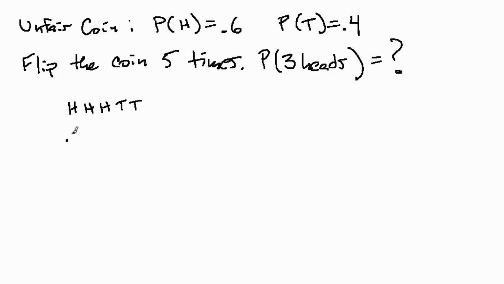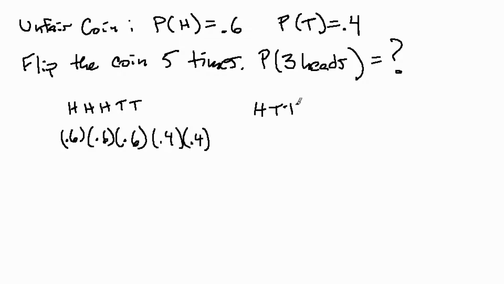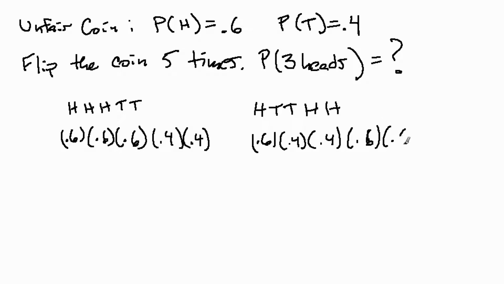So this is going to be 0.6 times 0.6 times 0.6 times 0.4 times 0.4. But notice I say, what is the probability of 3 heads? Well, that's 3 heads, but here's another way to get 3 heads. I could have heads, tail, tail, head, head. And if I calculate that, that's 0.6 times 0.4 times 0.4 times 0.6 times 0.6.